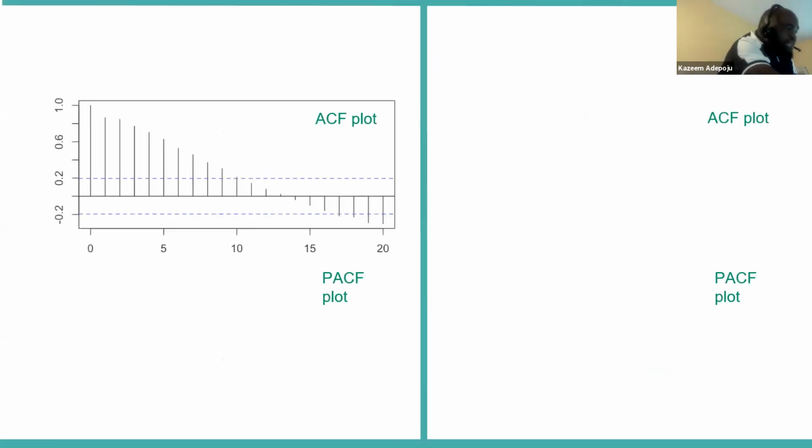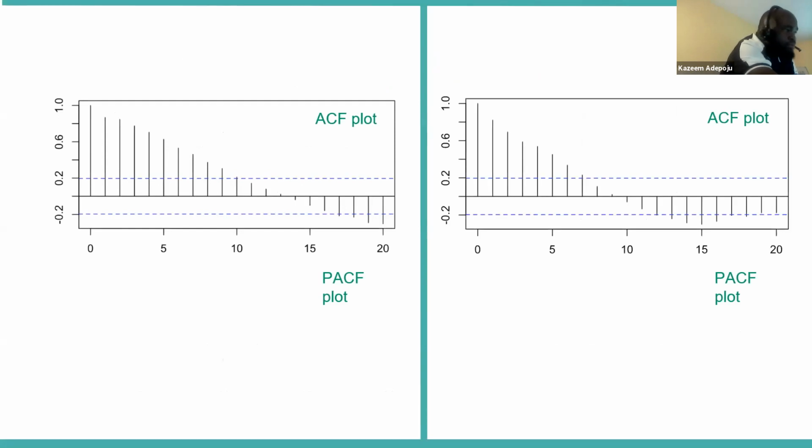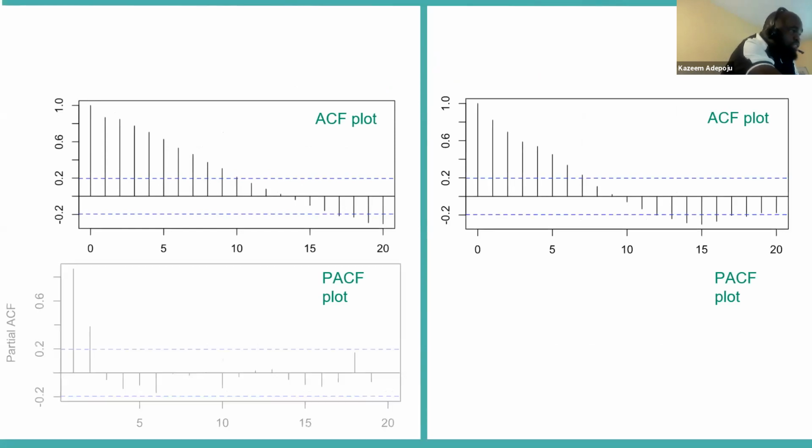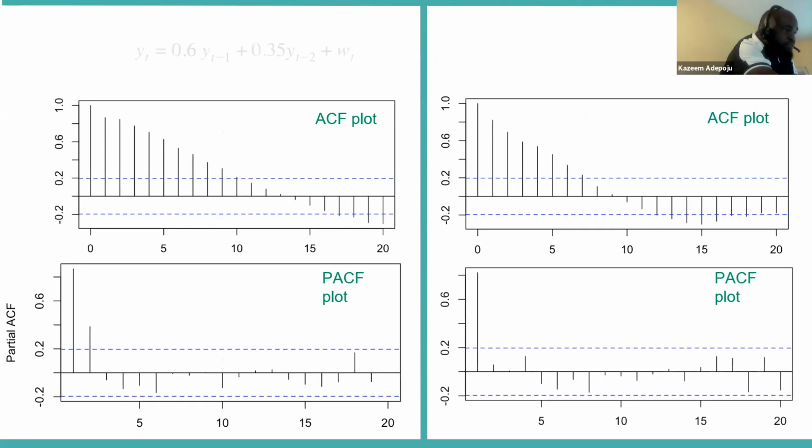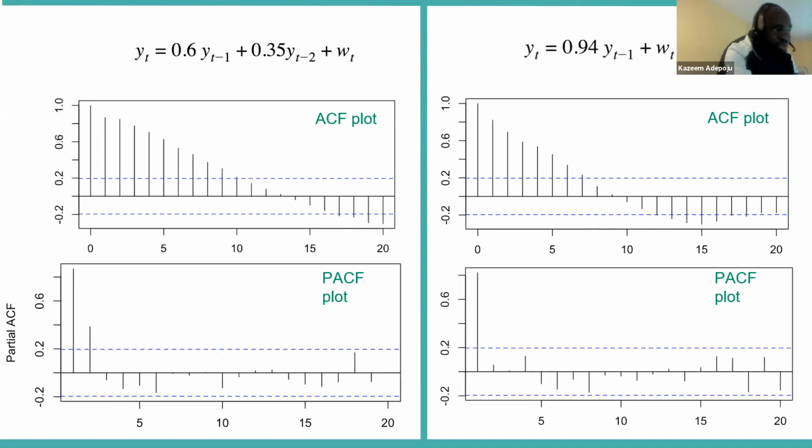Okay, so the next thing I want you to be able to see is two different models. I'm just trying to show you the ACF plot and the PACF plot of the two models, to see the difference between them.